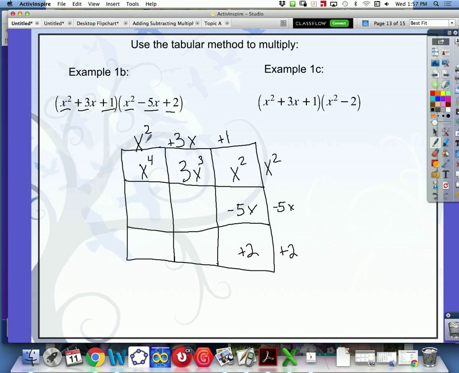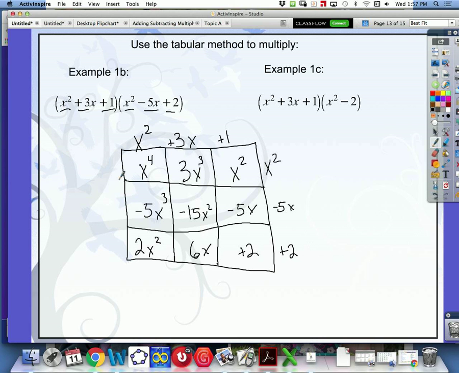Now I can go fill in my little spots that are left. x squared times negative 5x is negative 5x cubed. 3x times negative 5x is negative 15x squared. And then x squared times 2 is 2x squared and a 6x.